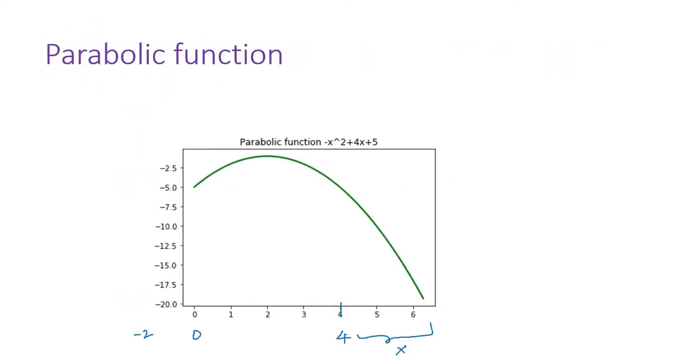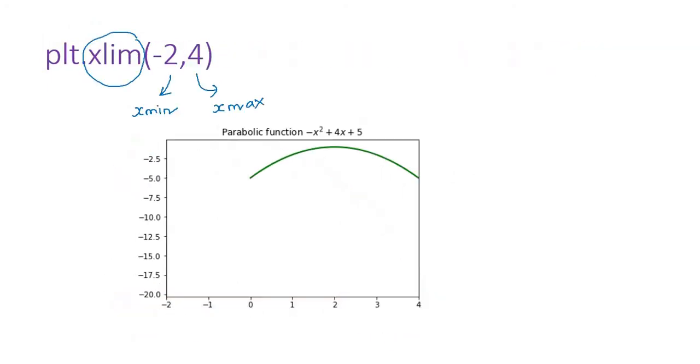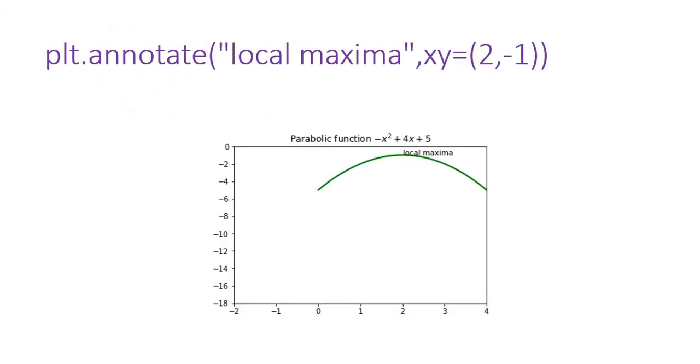Then we will discuss annotation. I know that this particular parabolic function is maximum at 2. At 2 it is reaching the maximum value of -1.